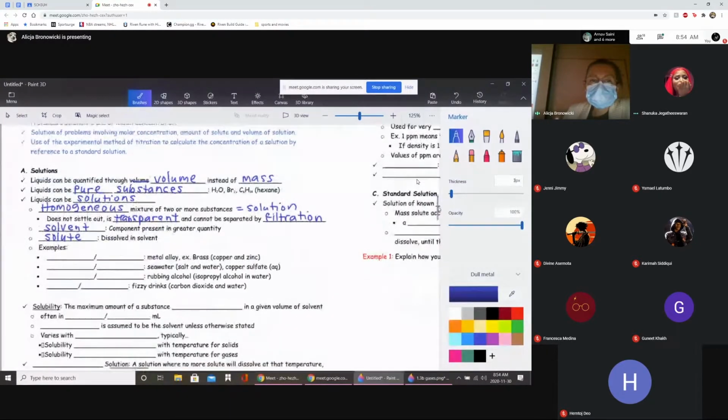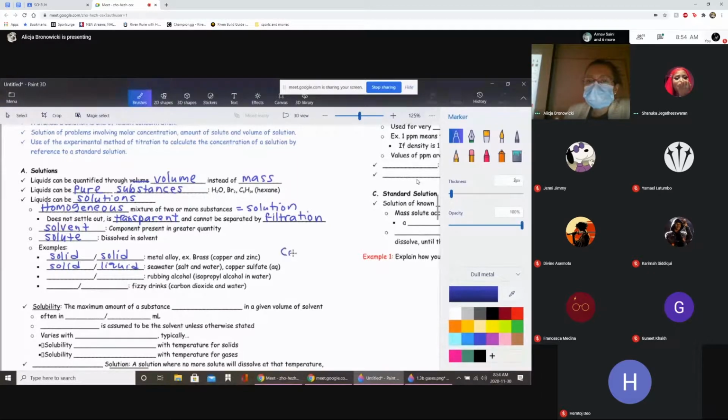So your solution, we're used to seeing a solid in a liquid, but that doesn't always have to be the case for a solution. So if I have a solid dissolved in a solid, I can still call that a solution. So like a metal alloy, that's an example of a solid being dissolved in a solid. I can have a solid dissolved in a liquid. Okay, so like seawater, which is salt and water, or aqueous copper sulfate.